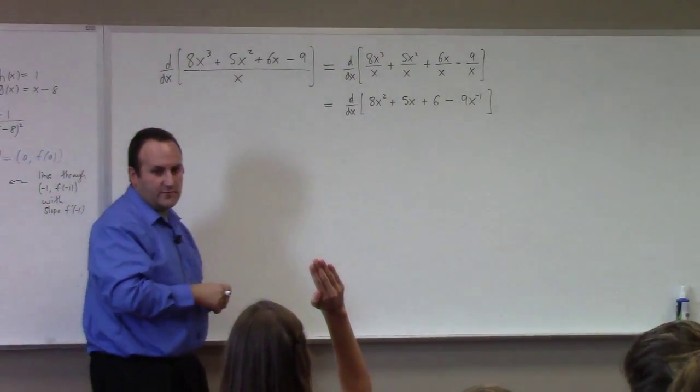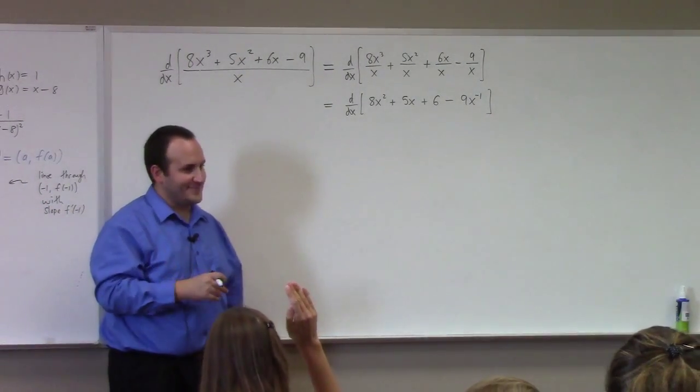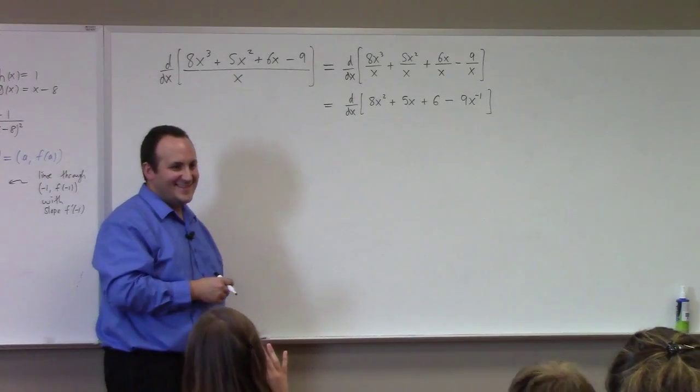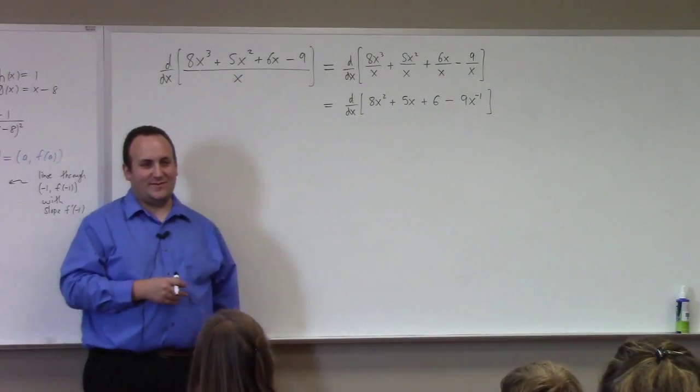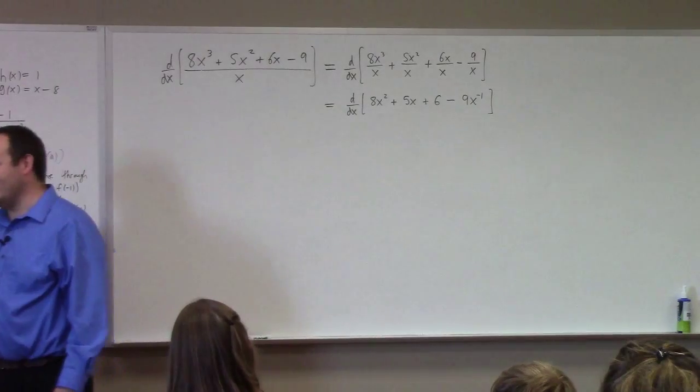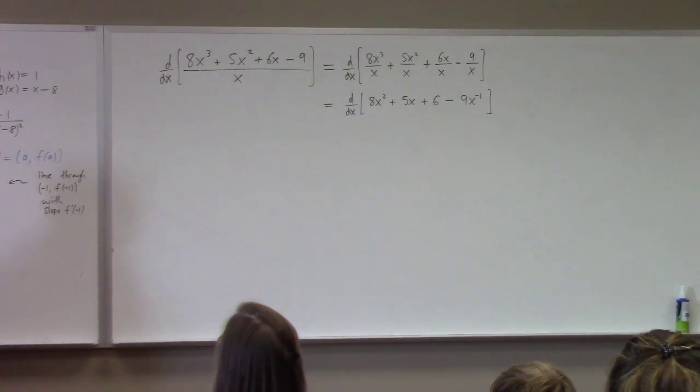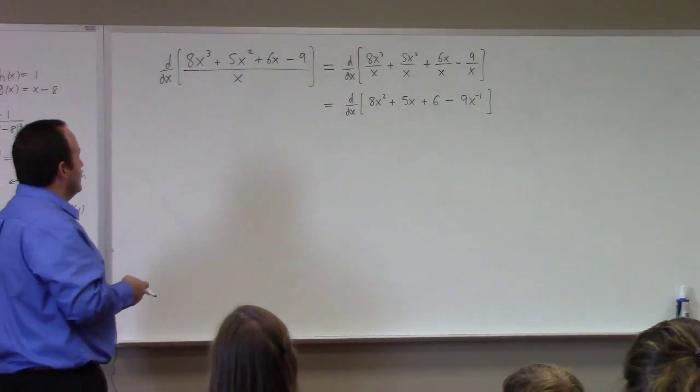Yes, sir? Oh, sorry. I was using sir in the Peanuts sense of the term, but what's that? I used the power rule for that problem and it didn't work.